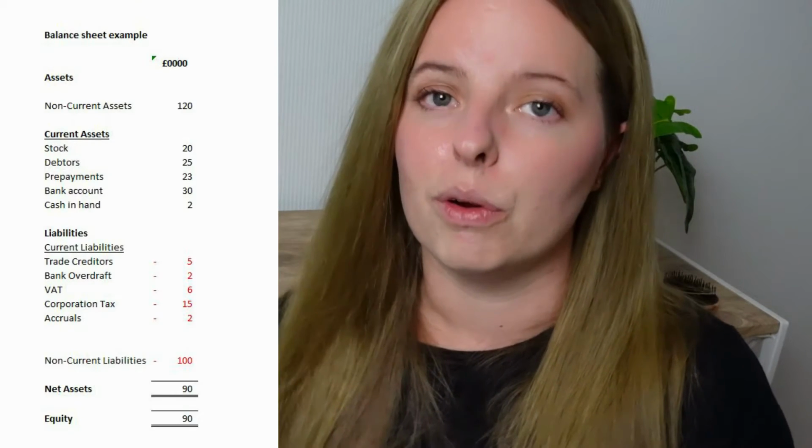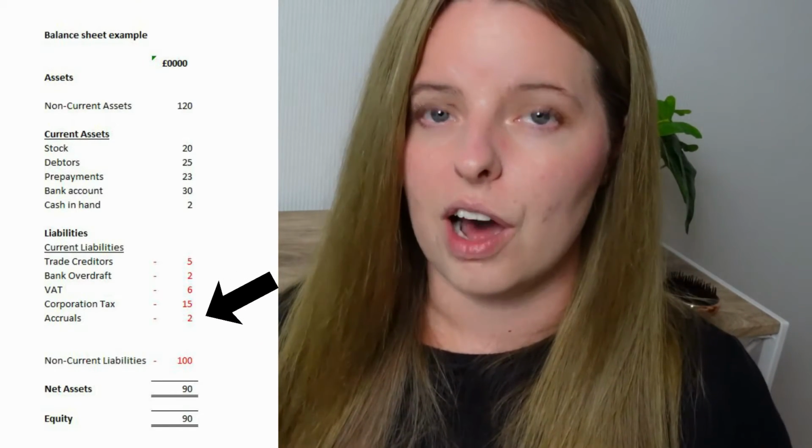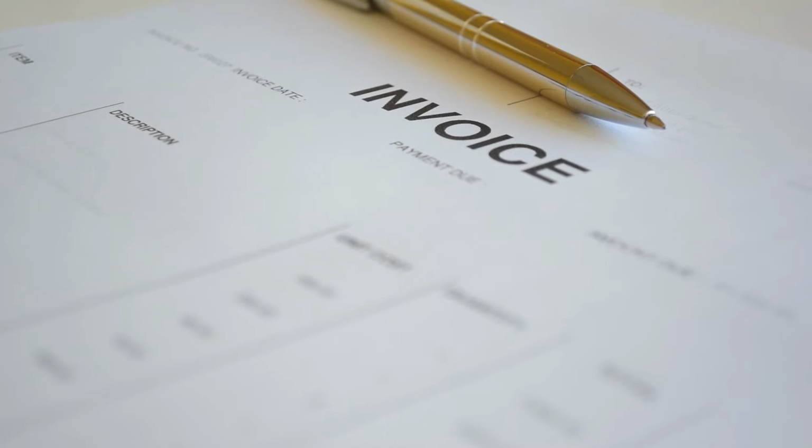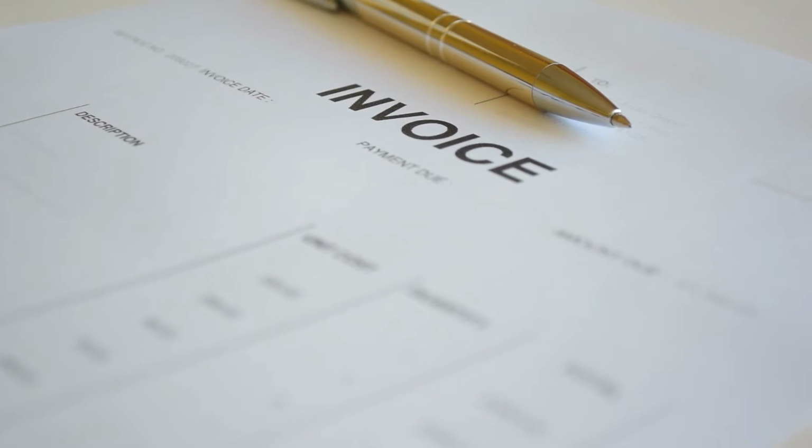Now, accruals are amounts that you know you're going to have to pay, but you haven't yet received an invoice for. So it's not stuff that's sat on the trade creditors account currently. It's items like gas or telephone bills, that sort of thing, that you know full well you're going to get an invoice for within 12 months, but you're going to put that onto accruals because you know it's due.